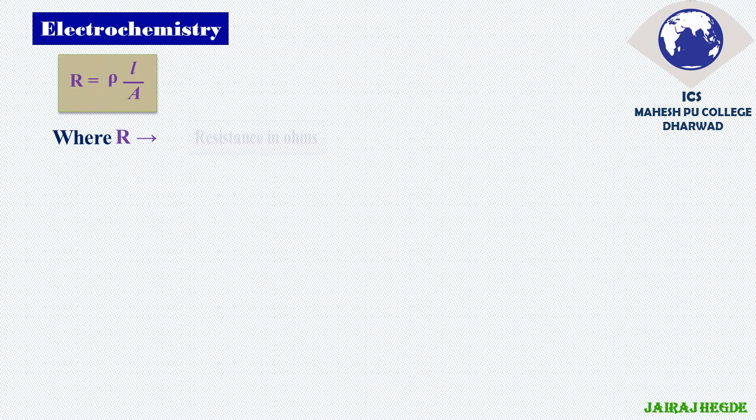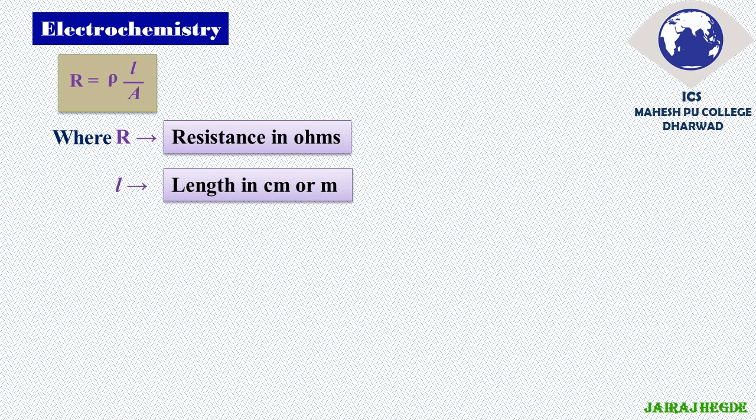Let us look at here. R is equal to rho into L by A. Here R stands for resistance. The unit of resistance is ohm. L stands for length, the length of the conductor. It can be either taken in centimeter or meter, depending upon whether it is a CGS unit or SI unit.